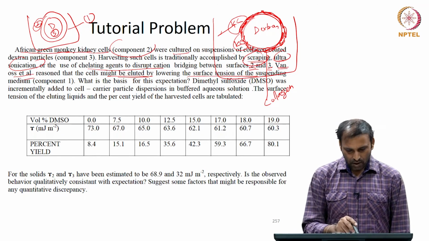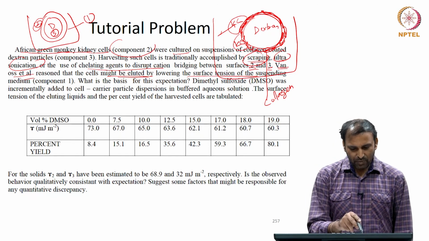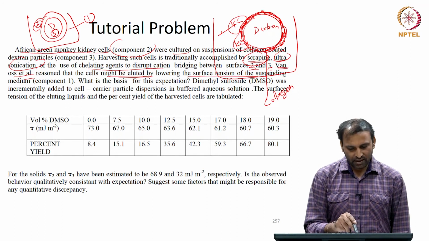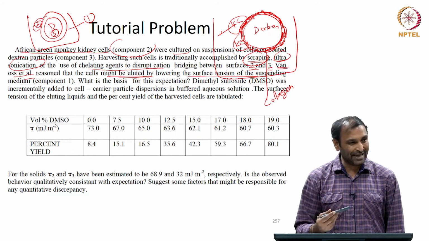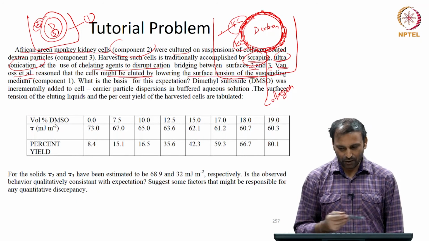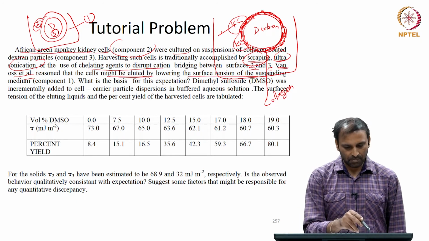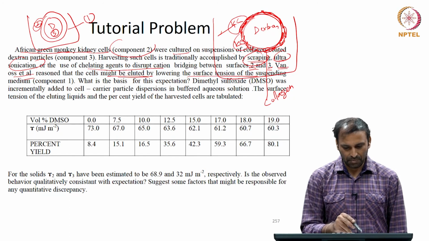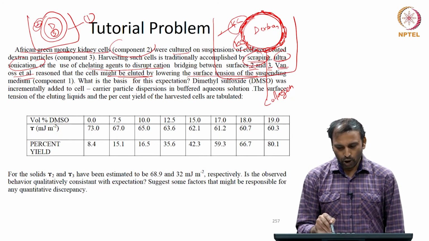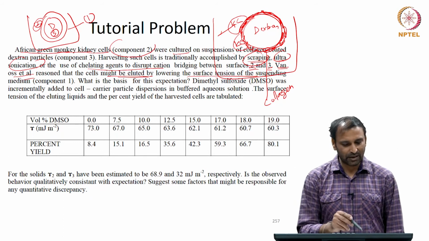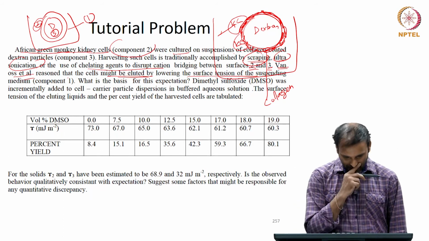Because people have reasoned that cells might be eluted or easily removed from the surface of the component 3 particles by lowering the surface tension of the suspending medium, that is of component 1.